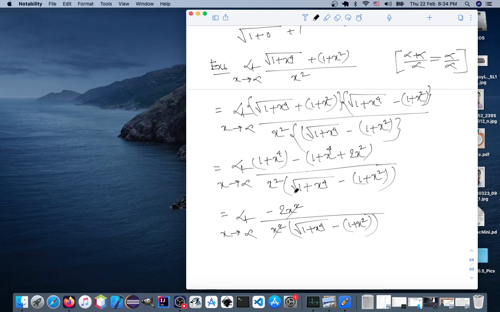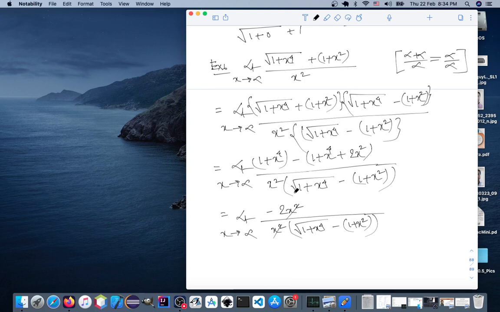So 1 plus x to the power 4 minus 1 plus x square whole square becomes 1 plus x to the power 4 plus 2x square, and in the denominator, x square times 1 plus x to the 4 minus 1 plus x square.